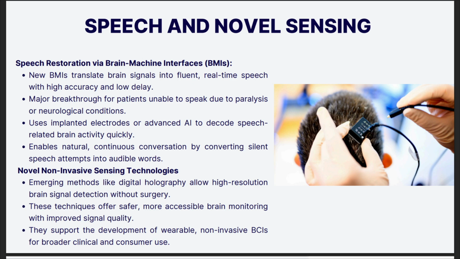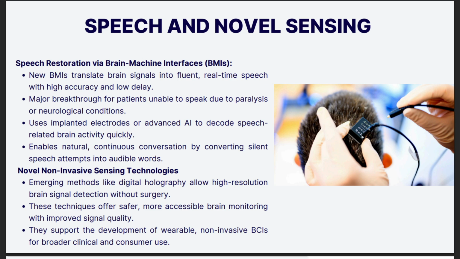So now I'll be talking about speech and novel sensing. Brain machine interfaces or BMIs are now making it possible to restore speech for patients who cannot speak due to paralysis or neurological conditions. With recent advances, BMIs can translate brain signals into fluent, real time speech with both high accuracy and very low delay.